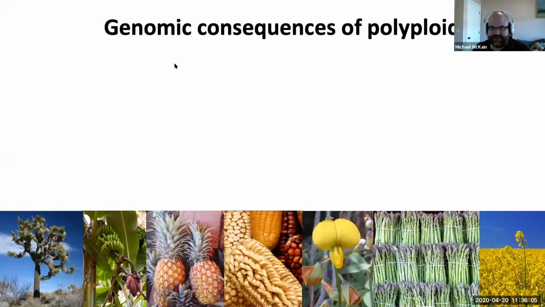Since this is a polyploid seminar, I figured I'd jump right into genomic consequences of polyploidy, since we all assume polyploidy is really important, amazing, and awesome. The first thing to remember is that there's often a potential restriction for gene flow. This is simply the distinction between a polyploid generation and a diploid generation. Sometimes it's hard to cross back, or you get the triploid bridge or something like that.